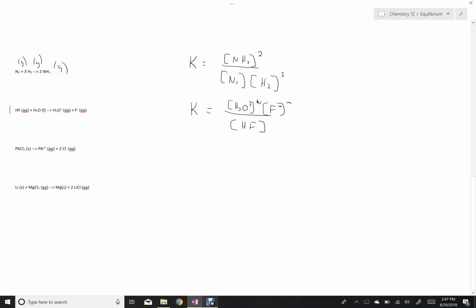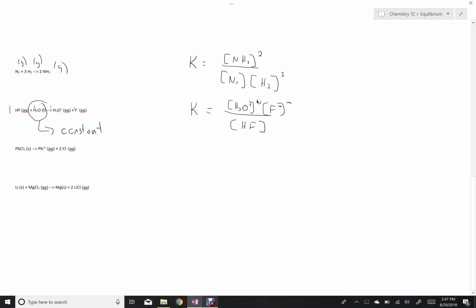And because the coefficients on everybody in this equation are 1, all of these exponents are 1, so I don't have to put any of them in. But what's important about this is note that I do not include H2O because it is a liquid and as a result has a constant concentration. And so it's not interesting as far as the equation is concerned. So H3O, F, HF.